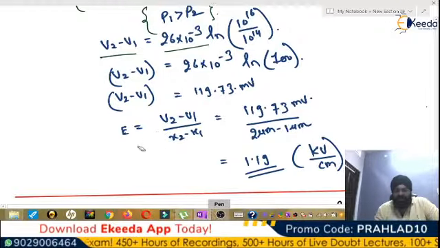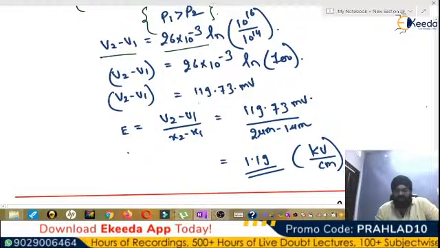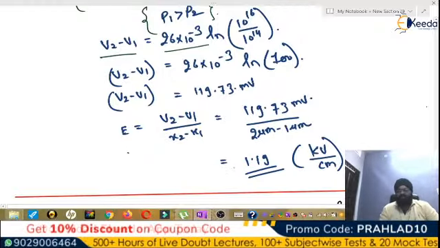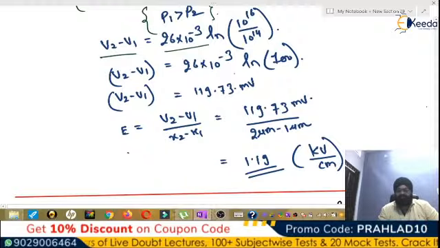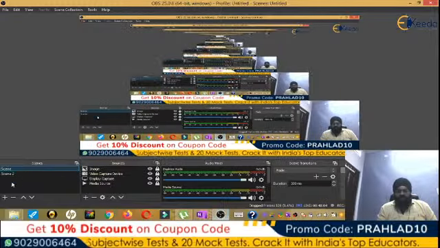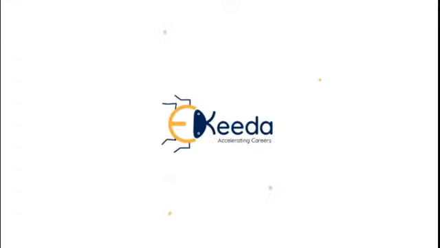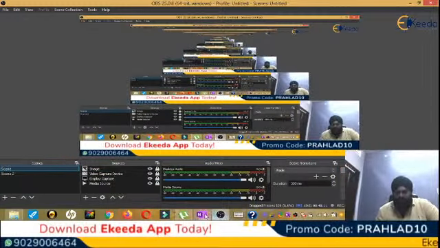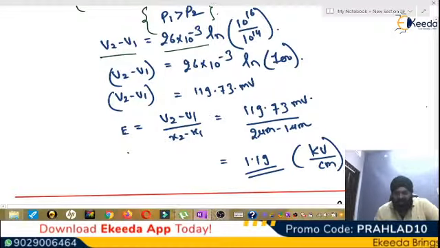So V2 minus V1 is 119.73 millivolt. So electric field is here 1.19 kilovolt per centimeter.